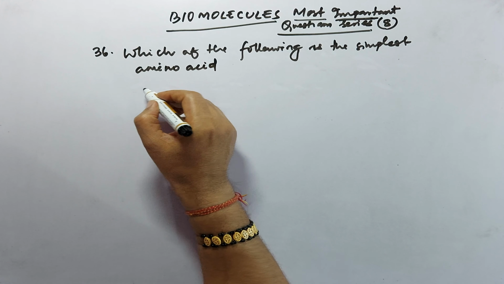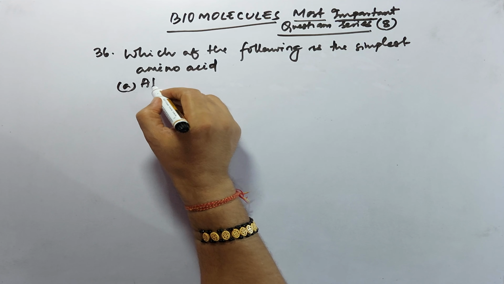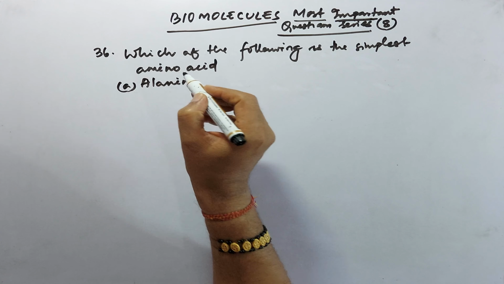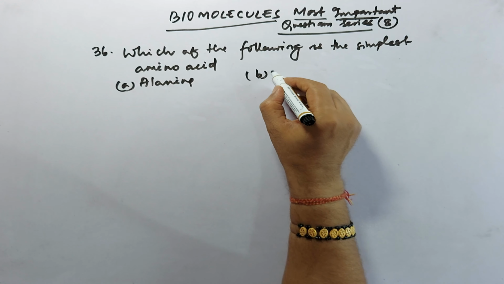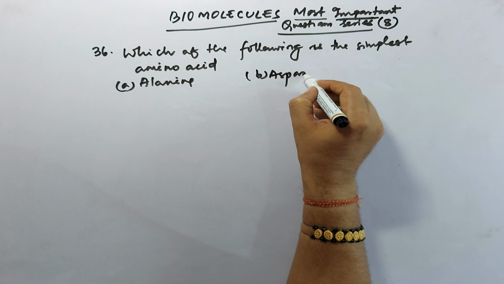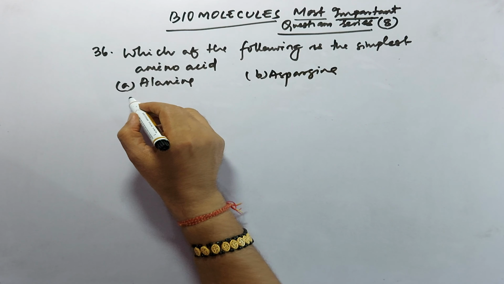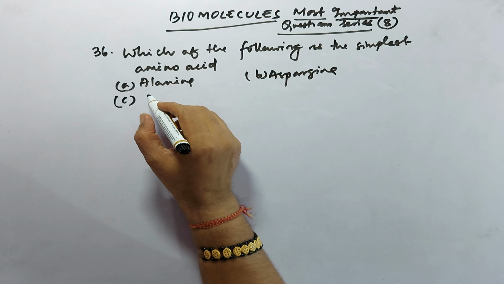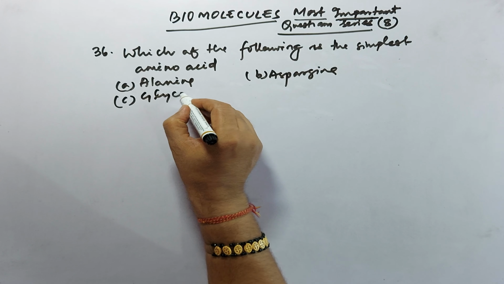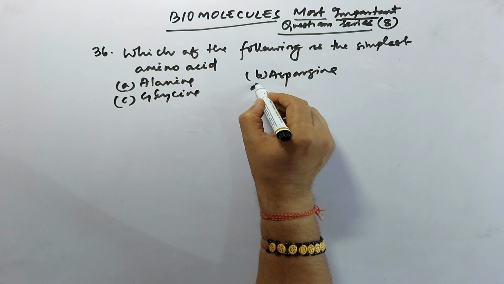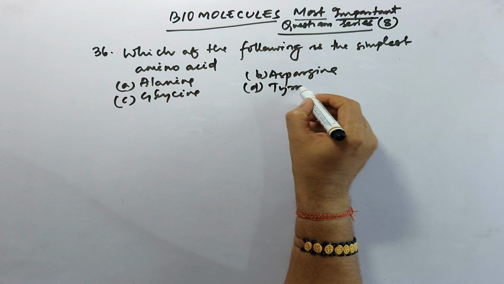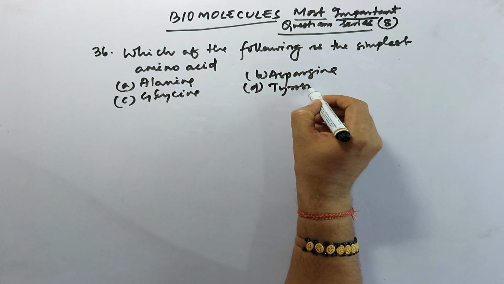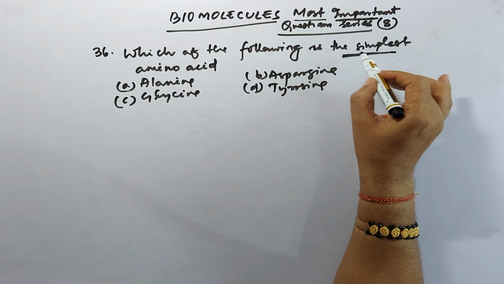The options are alanine, asparagine, glycine, and D option is tyrosine. So it is important here to find the simplest amino acid.